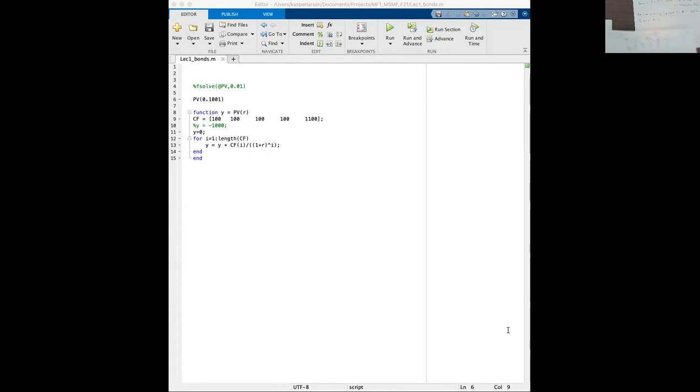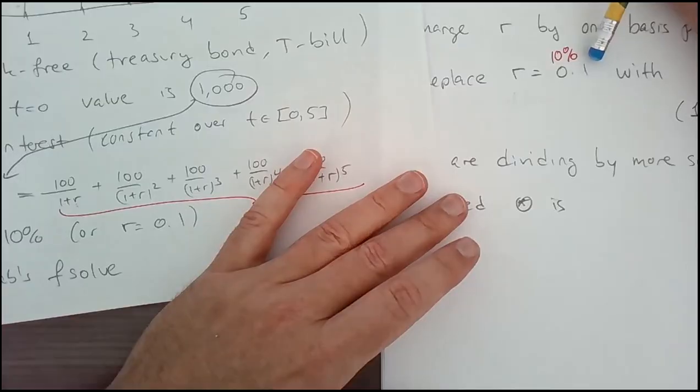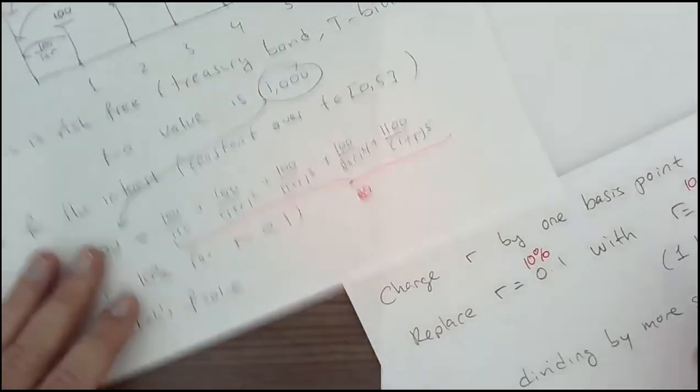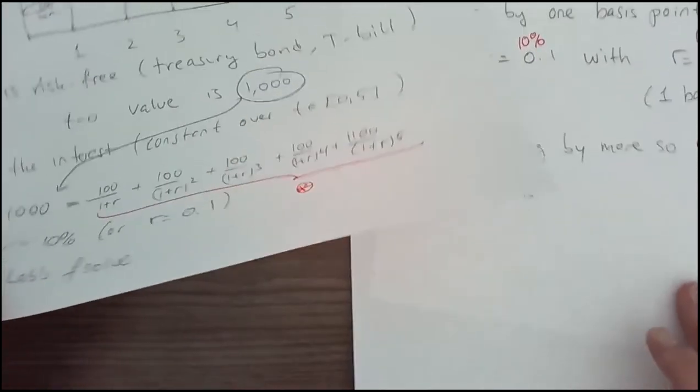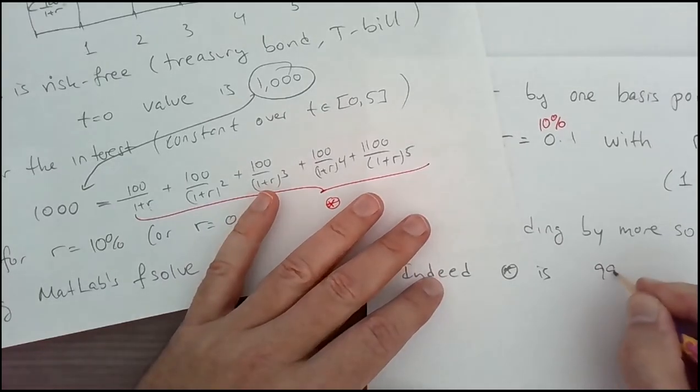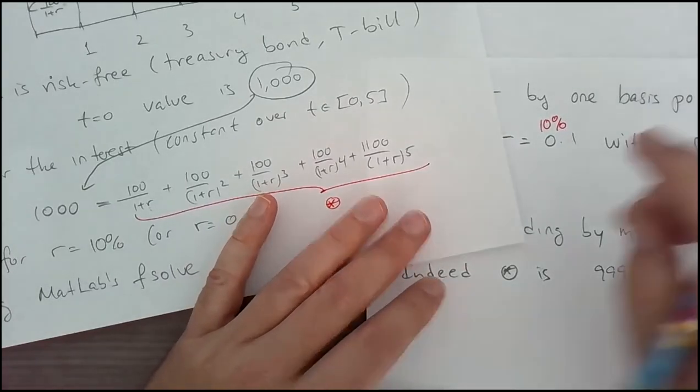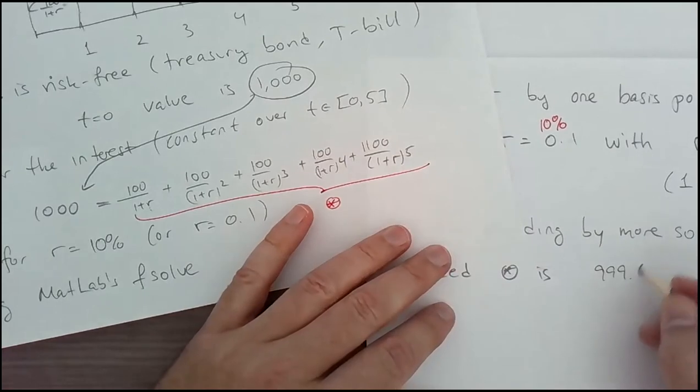99 point... Which one is it? You cannot see the right one. Switch it over. There you go. So indeed star comes out to be 999.6, if I remember correctly.